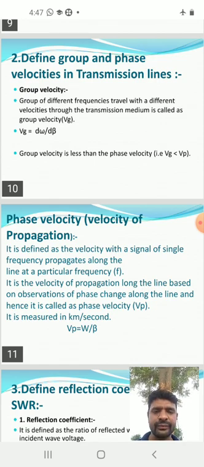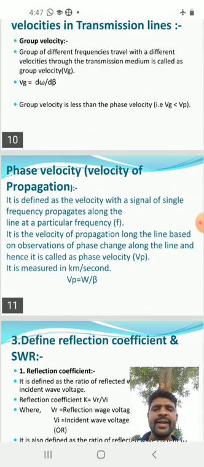Phase velocity. It is defined as the velocity with which a single signal frequency propagates along the line at a particular frequency. That means a single signal frequency propagates along the transmission line, and that wave's velocity is called phase velocity.